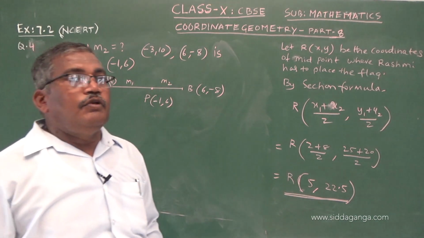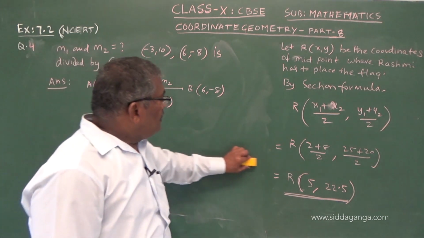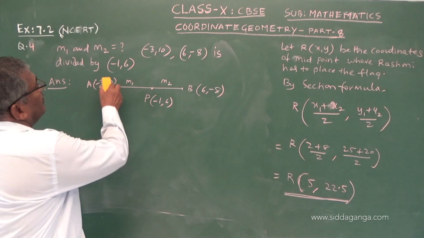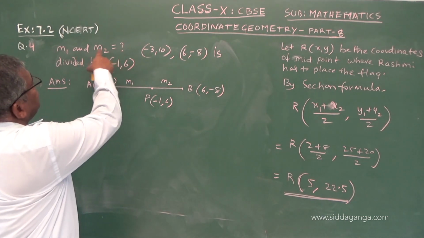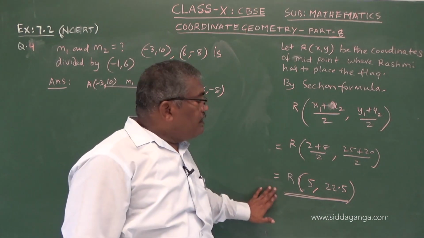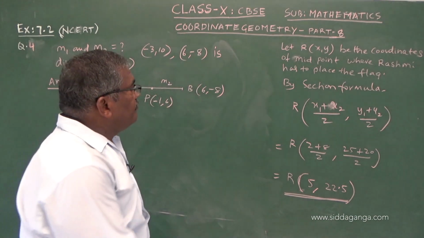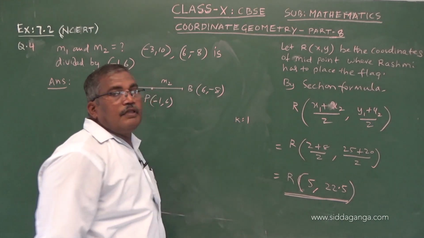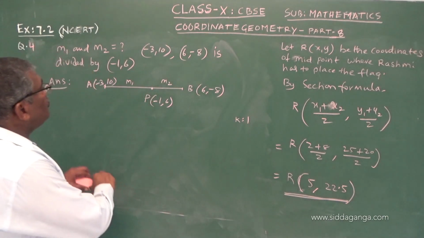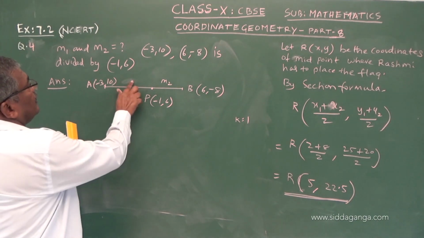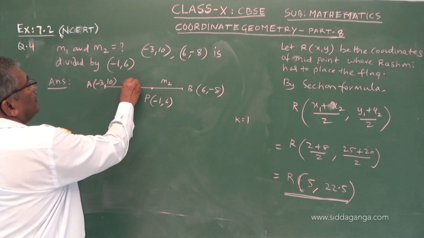In such problems, when we have to find the ratio, it is always easy to consider the ratio as k is to 1. So let it be k is to 1.